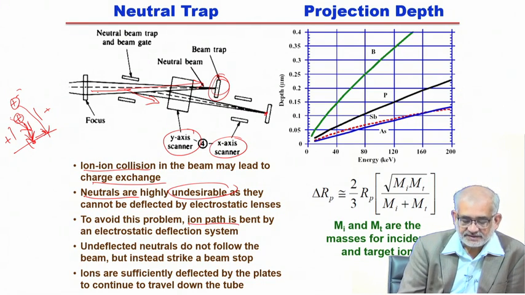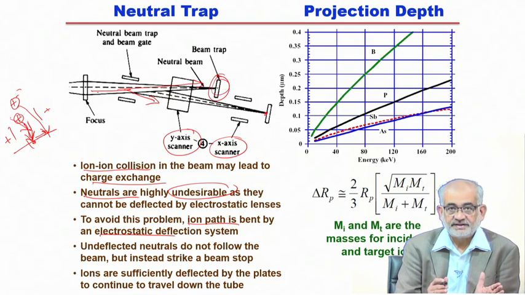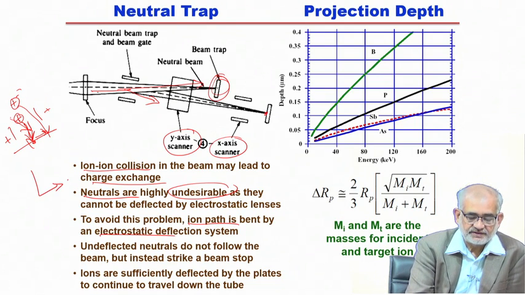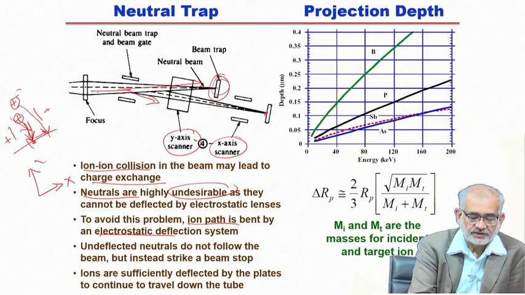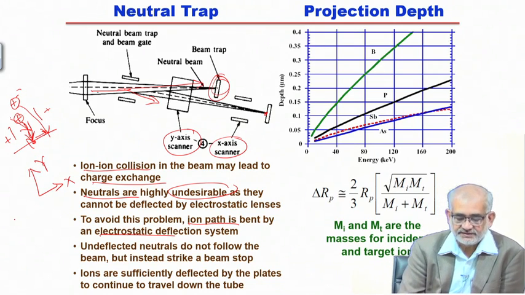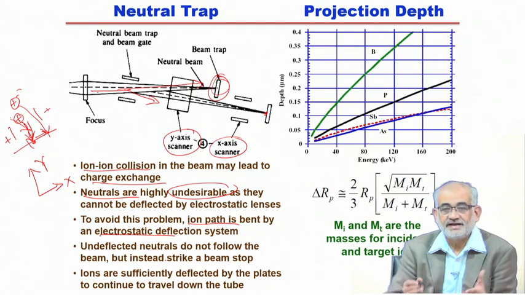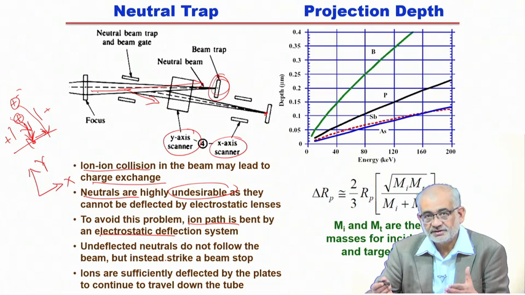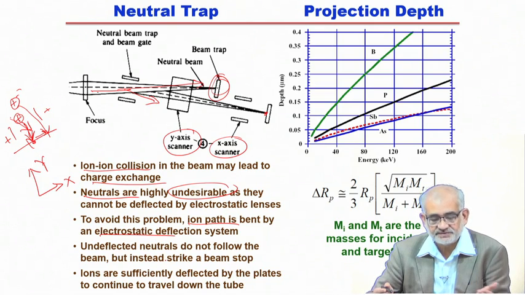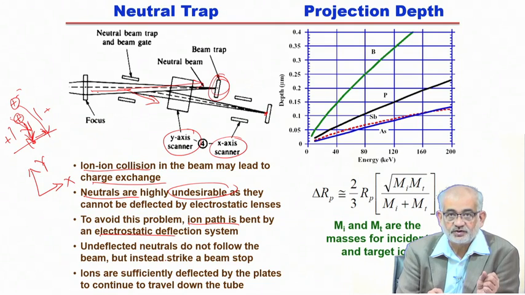The ion path can be bent by the electrostatic system either along the x direction or along the y direction, depending on the field that you apply, and that's how you can direct the beam onto the spot. In fact, this is exactly the reason why ion beam, laser beam or electron beam are called directed energy beams. So you can direct them exactly to the spot where you want.